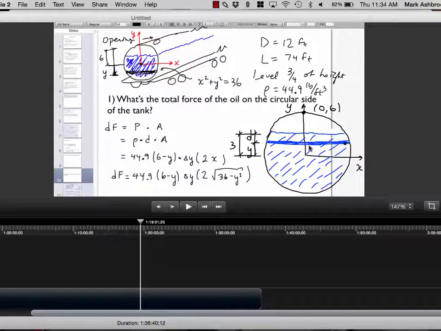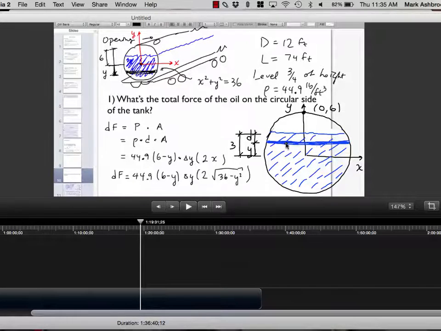So now I drew a typical strip here, and this could be any strip that we're going to calculate the force for. That strip is at a height of y above the x-axis, and the top level of the gas in the tank is at 3 above the x-axis. What we need for the pressure calculation is the depth.